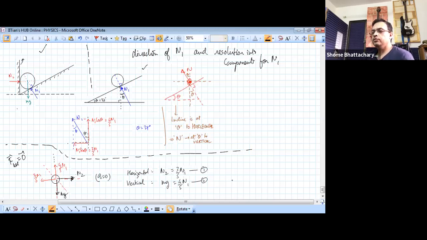Now just solve. From the second equation, you can see 4 by 5 N1 is equal to the weight, which was 50 newtons.